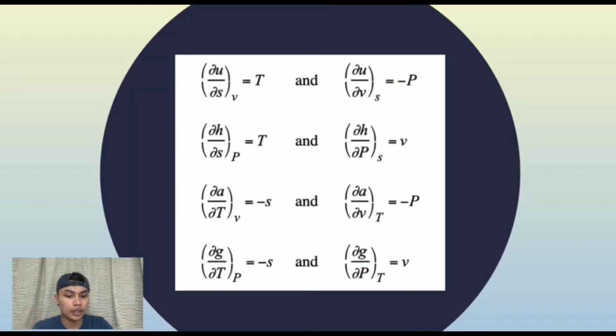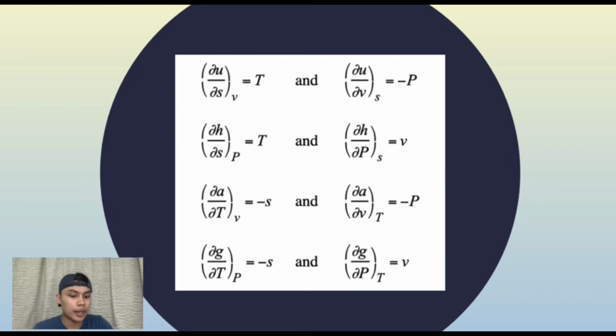Okay, next, after we figure out those 4 equations, we also can come up with definite relations. With these expressions or relations, we can write a number of unique relationships by holding certain values constant. The example here, we have dU over dS and dU over dV.